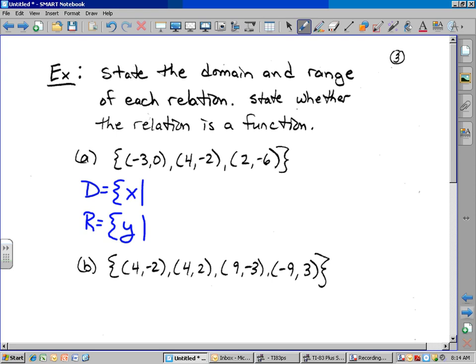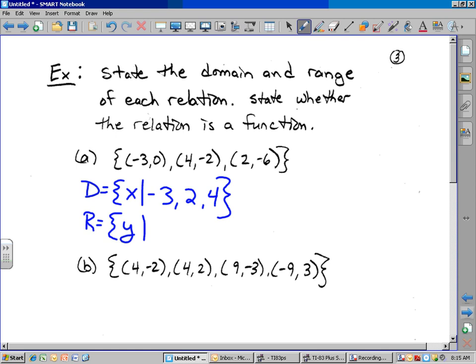Answer it. It's easy stuff. What do you get? What is it? -3, about 2, 4. Right? We're going to try to reorder them. Right? Yes. Yeah, we want them in ascending order.